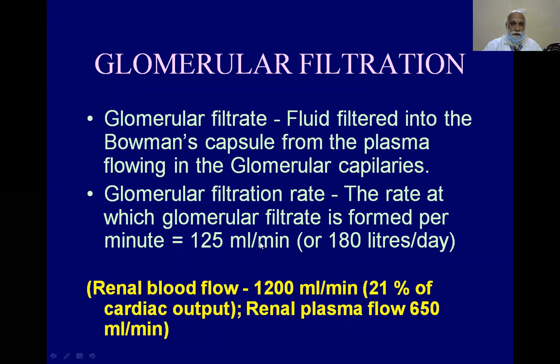So how much filtrate is formed per minute? In both the kidneys together, 125 ml of filtrate is formed, which amounts to about 180 liters per day if you calculate. Now, this means you don't have so much fluid in the body as it is.